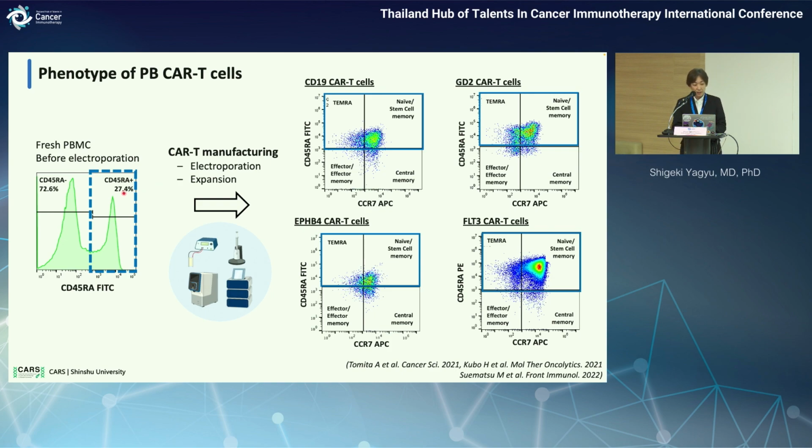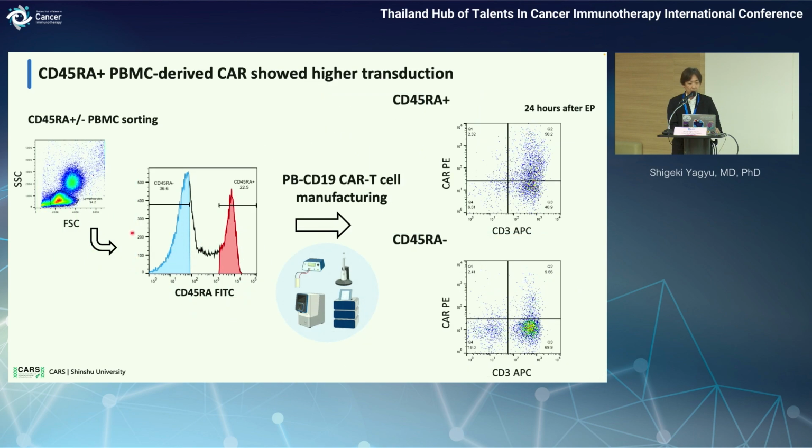But as you can see here, we generated these memory T cells from just around 30% CD45RA-positive memory PBMCs. So why are our CAR T cells enriched by CD45RA-positive memory-like T cells?